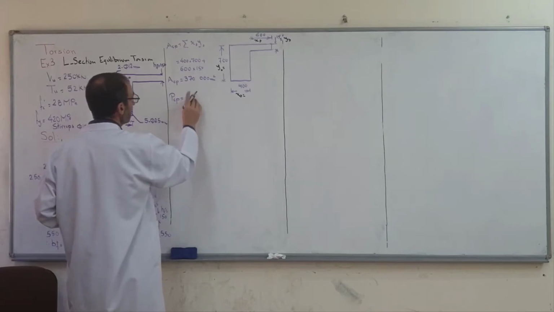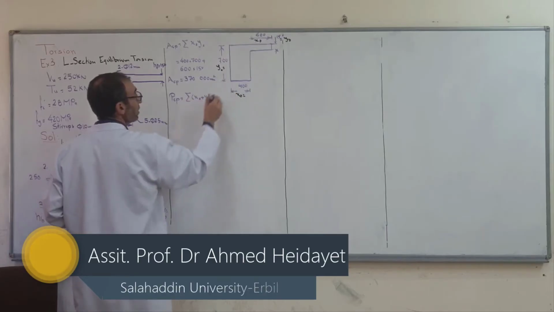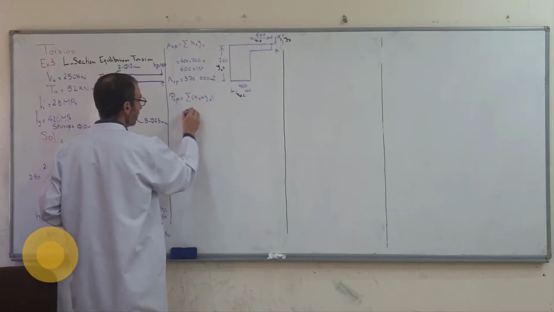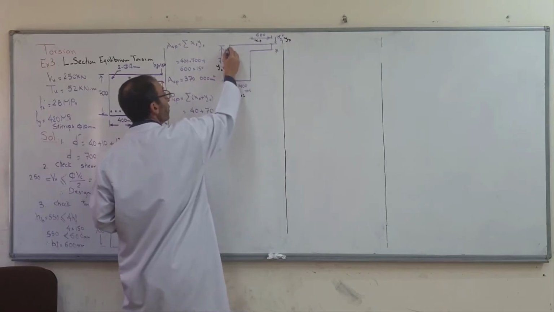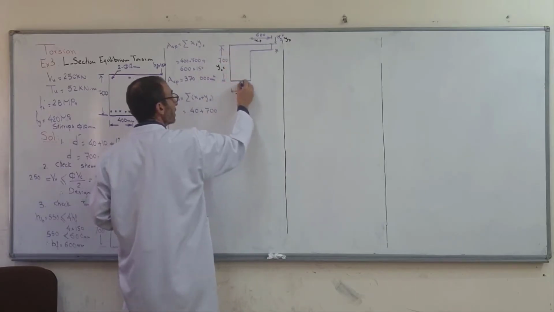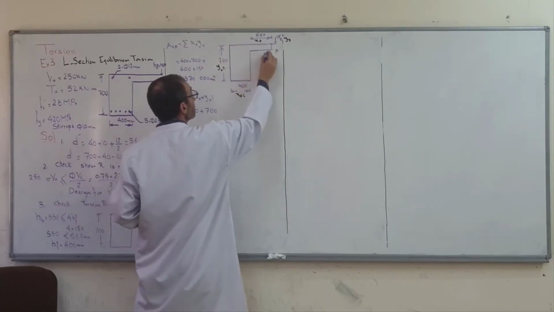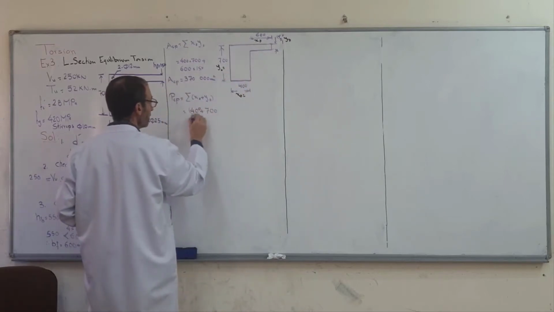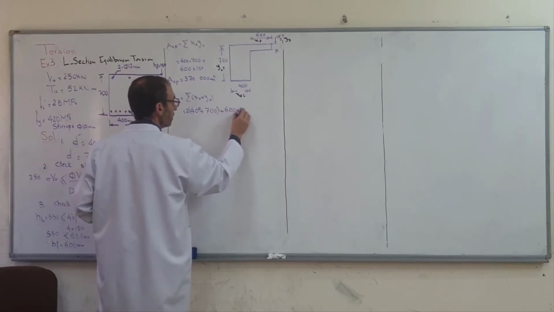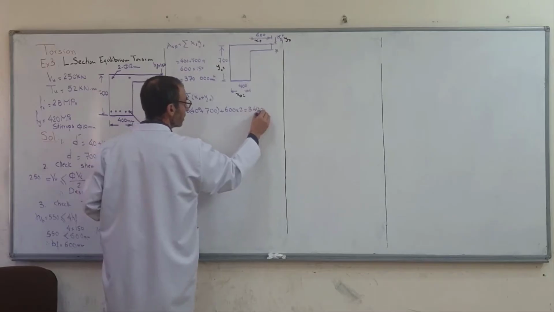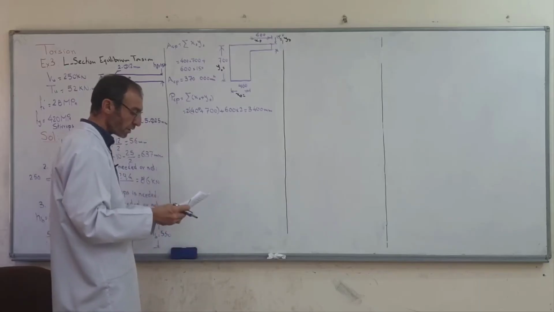The perimeter goes through the external line: summation of x0 plus y0, 400 plus 700. Here we have 600 plus 700 times 2 plus 600 times 2, which is equal to 3,400 millimeters.